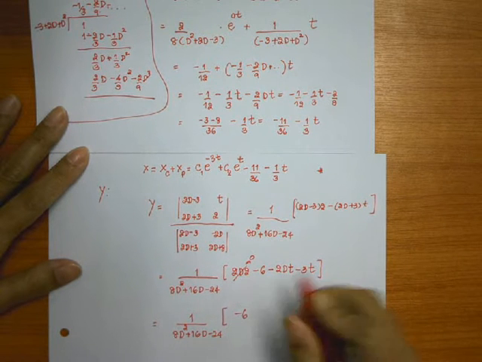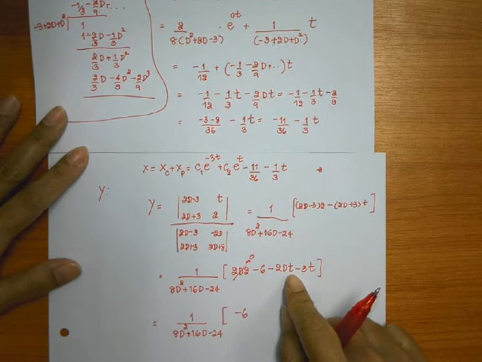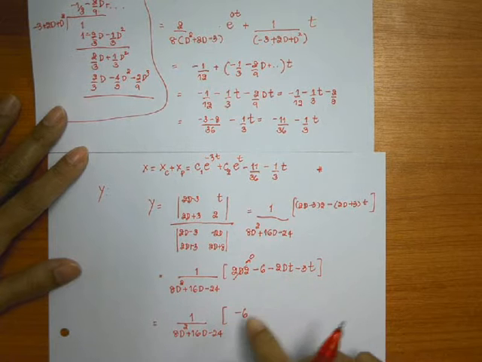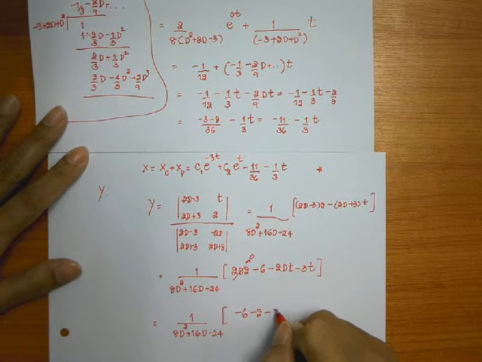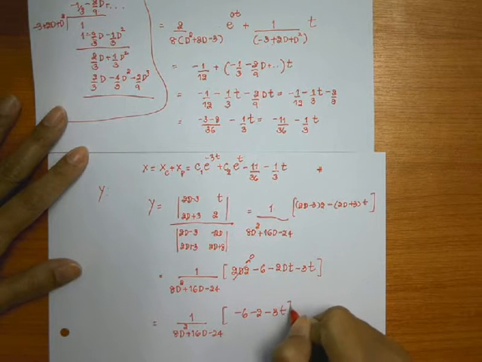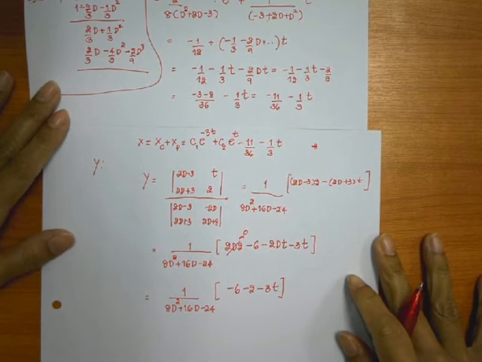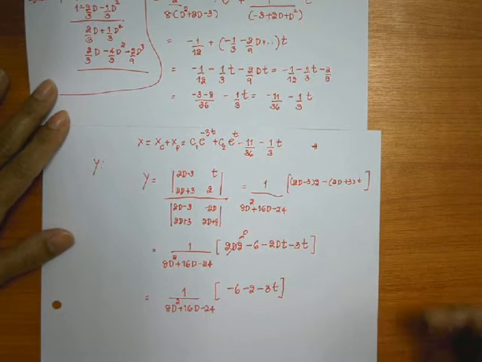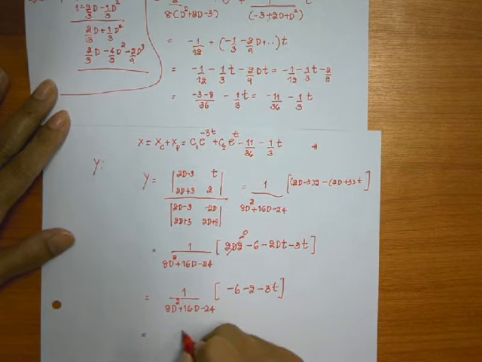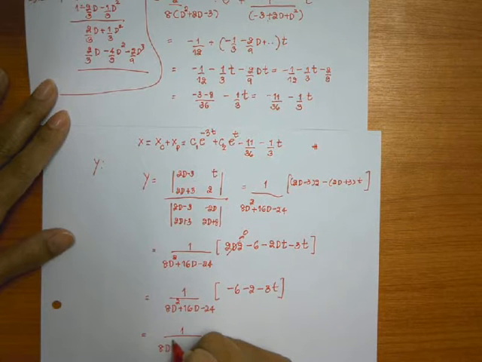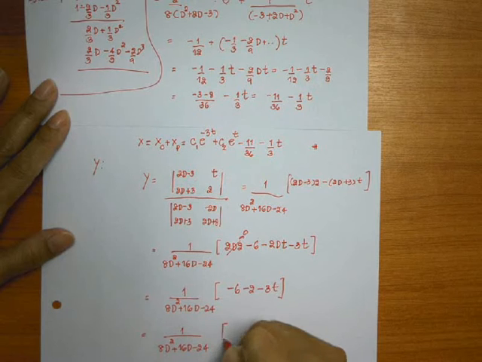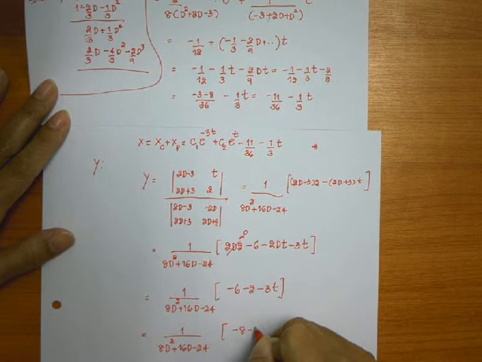Minus 6. 2dt equal to 2. So minus 2 minus 3t. So we would get 1 over 8d squared plus 16d minus 24 times minus 8 minus 3t.